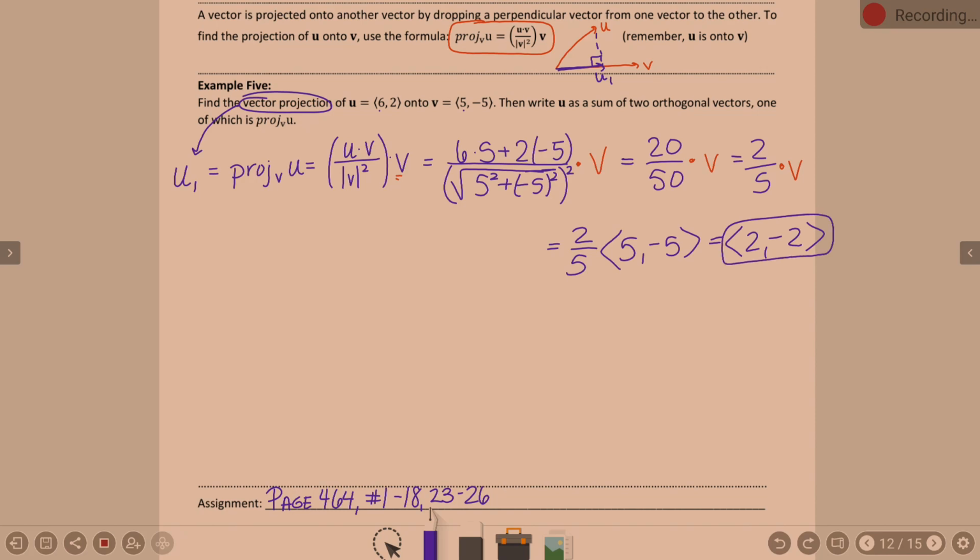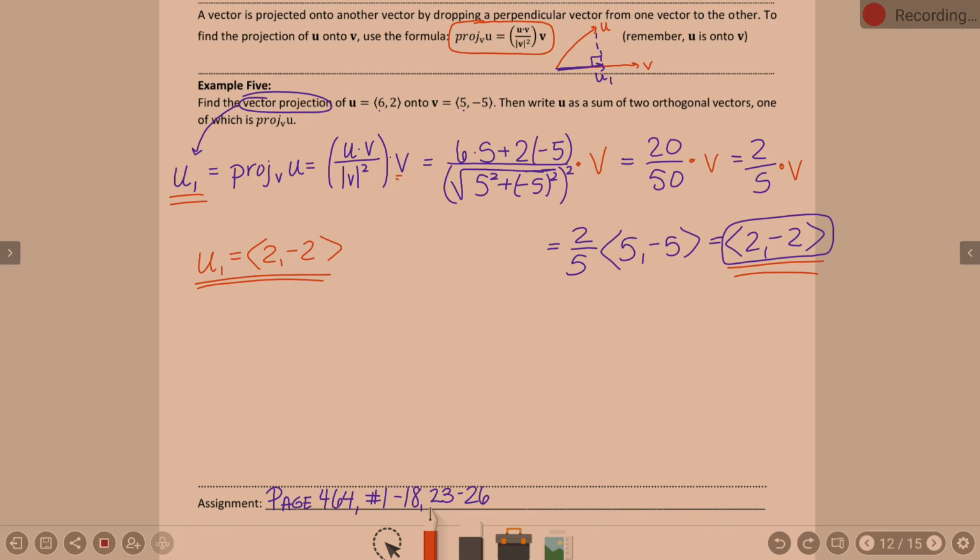So right there, we just found our vector projection, which is u1. Okay? That's it with the first part. And I'm just going to write over here that u1 is 2, -2, just so I have that and I can see it.